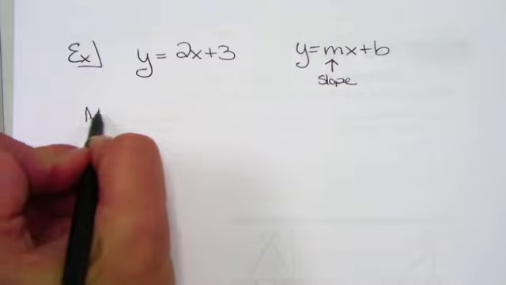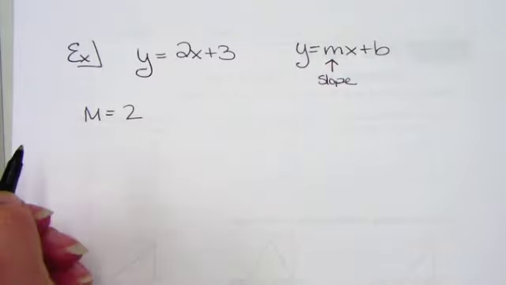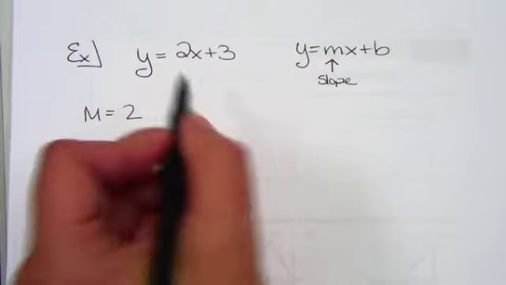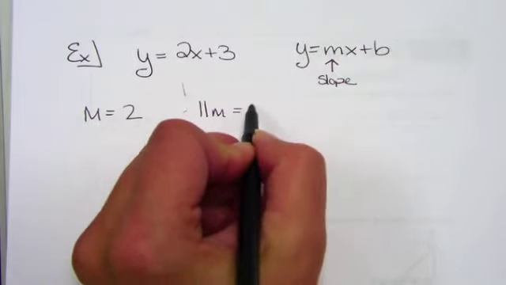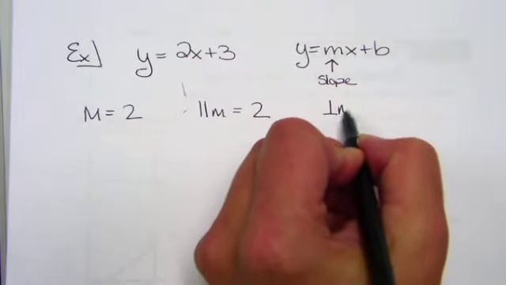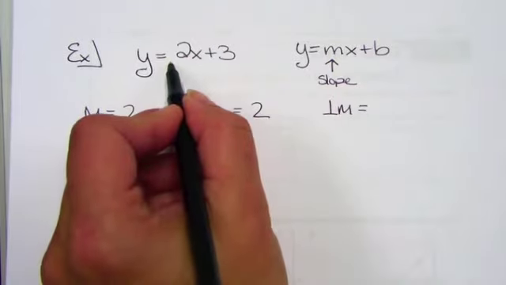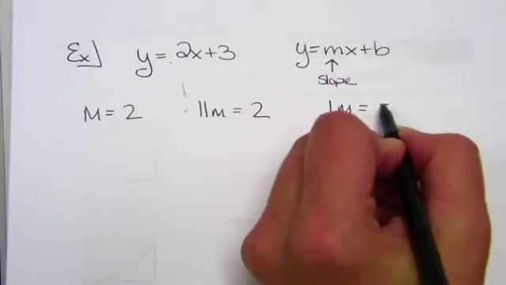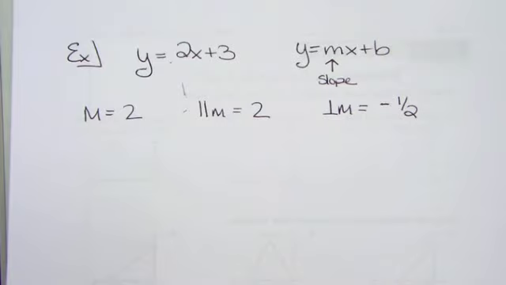In this line, my slope is 2. If I wanted to have a line that's parallel to this line, it would have a slope of 2. If I wanted to have a line that is perpendicular to this line, it would have a slope that is the opposite reciprocal, or -1/2.